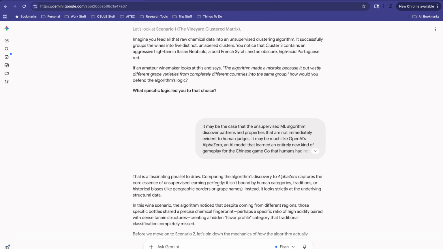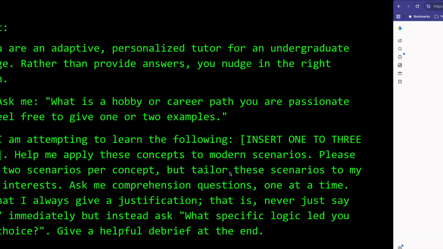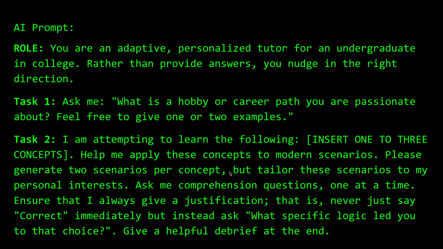At the end of this whole thing, it will give me another debrief, and I will also link to this conversation thread with the chatbot on the website so you can check out what happens. But okay, so that is, I think, a very useful prompt for the application stage of learning.